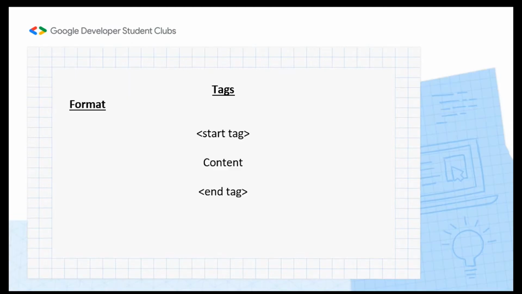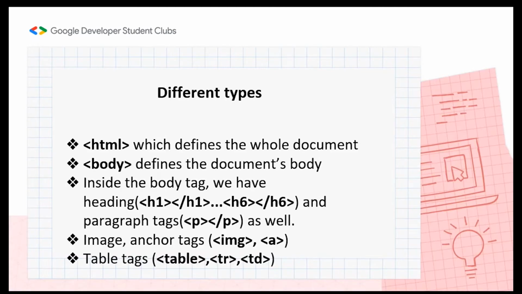Tags are part of the markup language which defines the HTML document. They mention when it starts and when it ends. This is the syntax for a normal tag. Most tags have an end tag, but tags such as the break tag don't need one. So there are different types of tags.